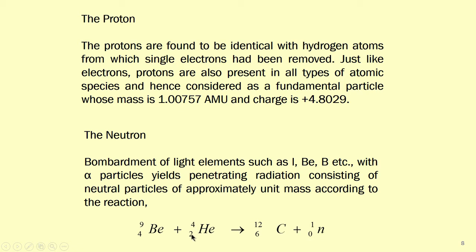That means there are 2 protons and 2 neutrons, that makes it 4. Mass of the helium is 4 and mass of beryllium is 4 plus 5, that means it has 4 protons and 5 neutrons, and if I hit it with helium of 2 and 4 charge and mass, what I get is a carbon atom having 6 positive charge and 12 mass, followed by 1 neutron which comes out of the system as a single entity separately.